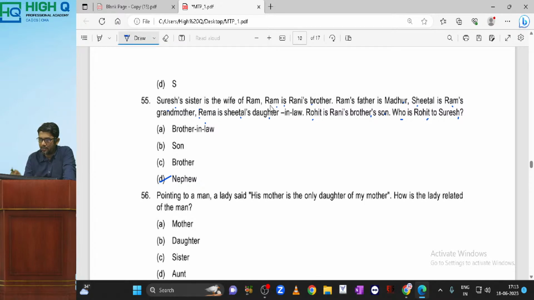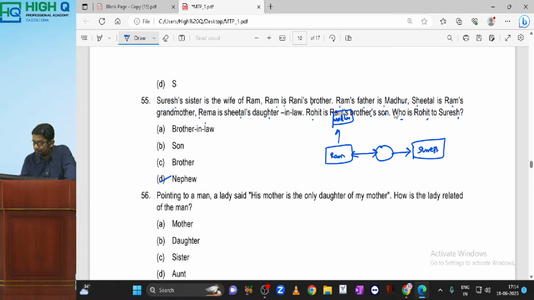Suresh's sister is the wife of Ram. So Ram is a gentleman who has got his wife. That wife's brother is Suresh. Next, Ram's father is Madhur. Ram has got a father who is nothing but Madhur.